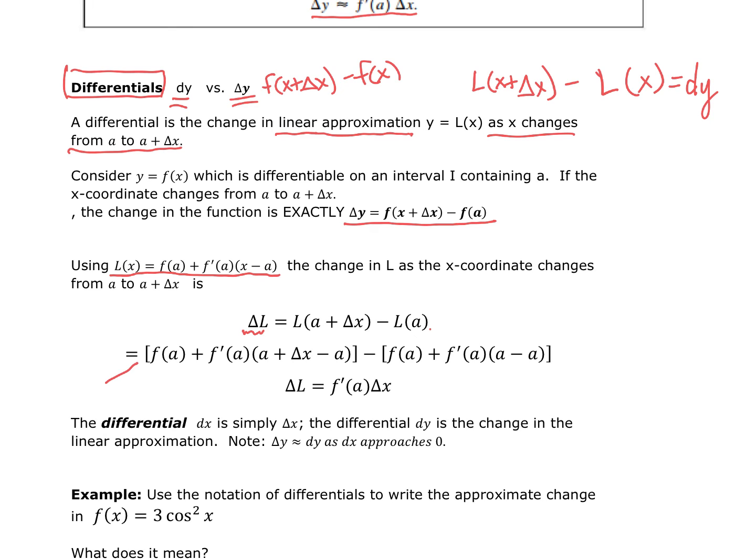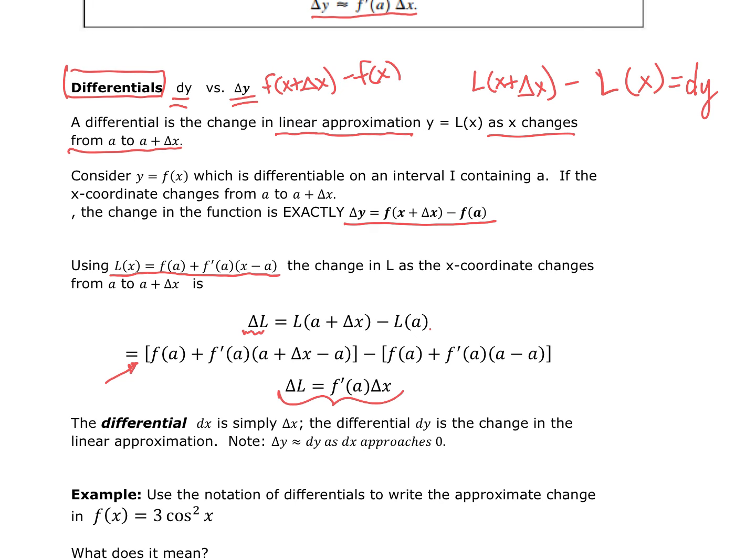So all I've done here is plug those function values in. So the linear approximation at a plus delta x minus the linear approximation at a, and we end up with delta L is f prime of a delta x, and of course delta L is our differential.